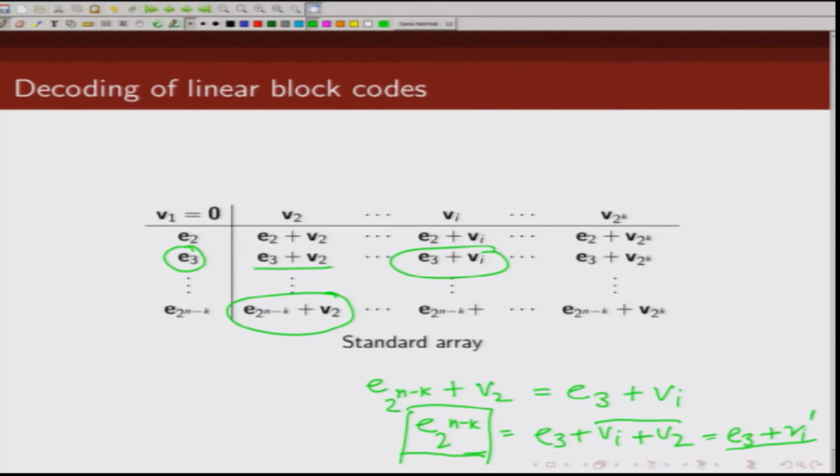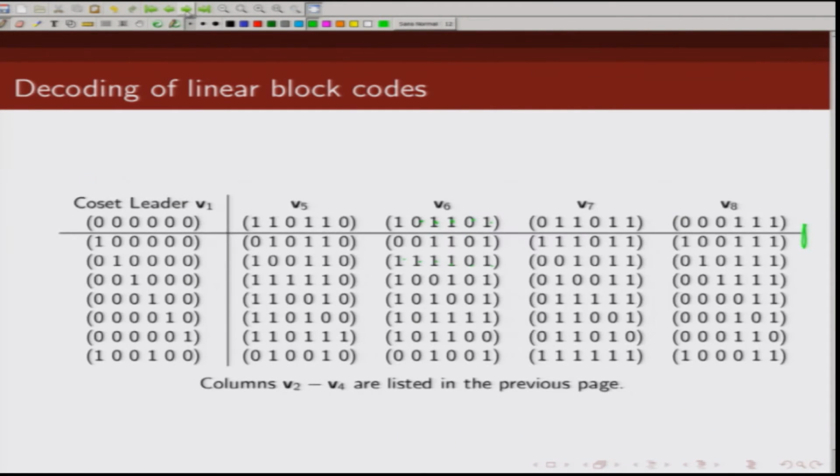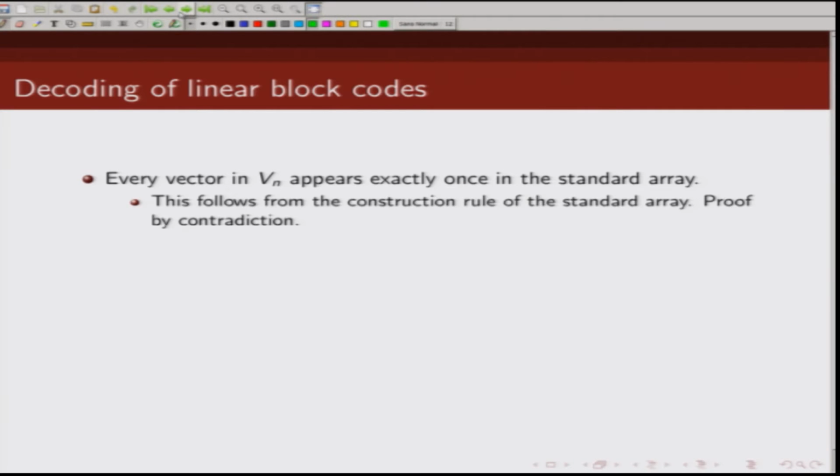We could not choose E2^(n-k) as this, because this has already appeared. Hence, this condition that these two elements are the same is incorrect. Okay. So, all the elements of this standard array are distinct and they appear exactly once.